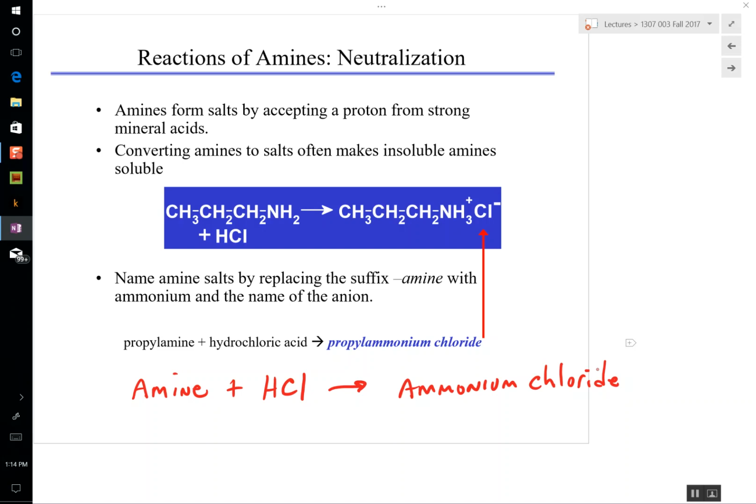But what they've done is they've taken the active form of the drug and they have reacted it with HCl to convert it into this salt. And the reason they do that is that this salt will be more soluble in water than this is.